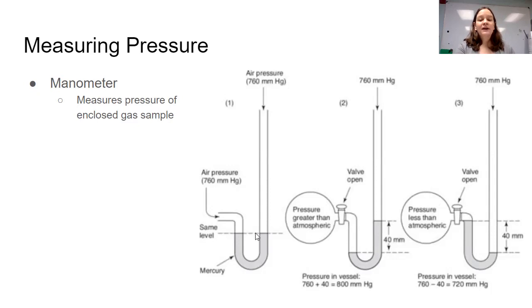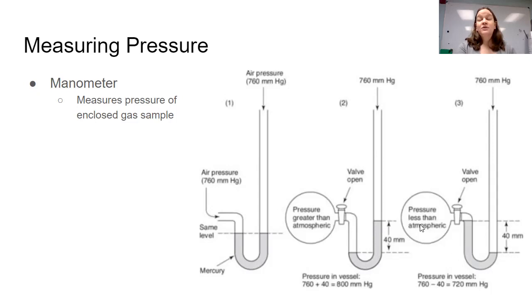Again, at standard pressure, where you have nothing, or if you had a substance that was equal to the air pressure, you would have the same level of mercury on both sides of the U shape. Then we can use this to measure how much the mercury moves on either side, and we either add it to or subtract it from our 760. If the pressure is greater than atmospheric pressure and it's pushing on the tube, we would add it to the 760 and find, in this case, 800 millimeters of mercury.